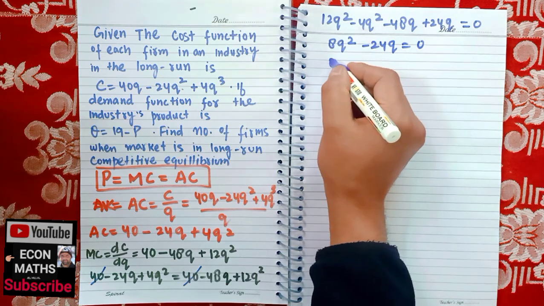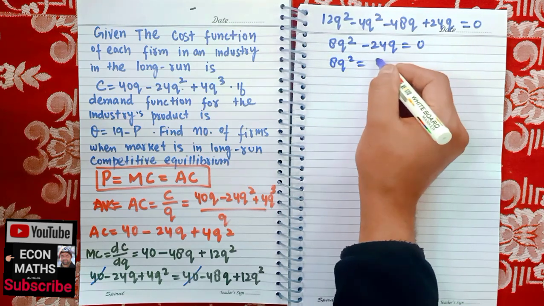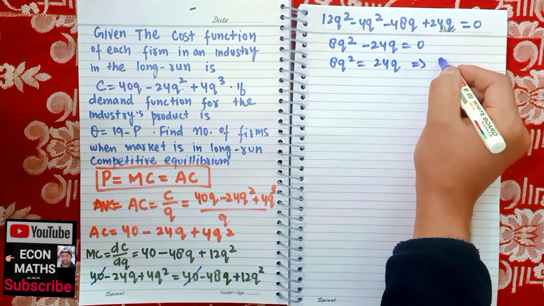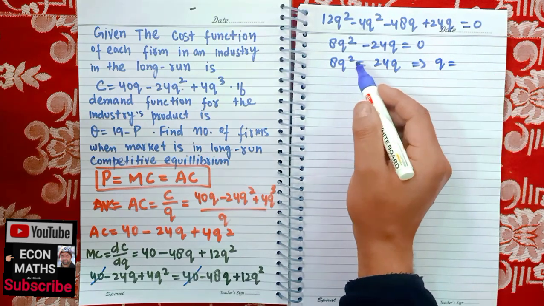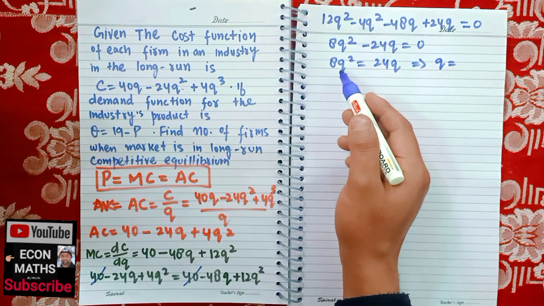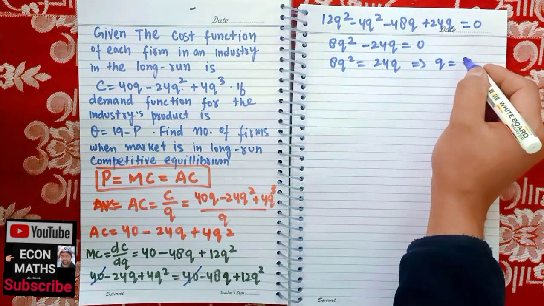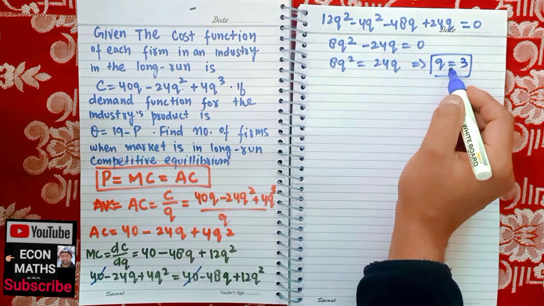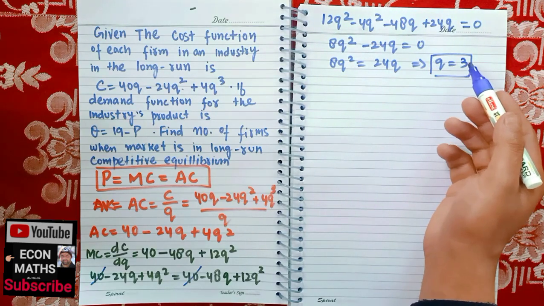This implies 8Q² = 24Q, so dividing both sides by 8Q, Q = 3. This Q denotes the output produced by each firm.